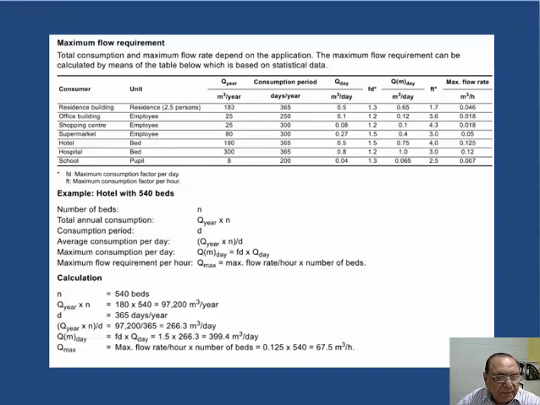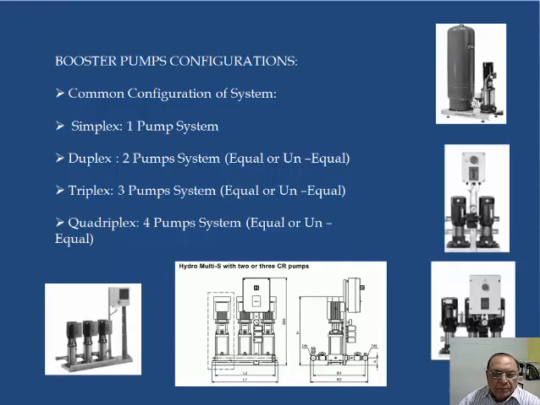Now we come to the configuration of the pumps. Pump configuration can be a one pipe system, which we see in the picture over here, or a two pipe system, equal or unequal. See what happens, certain designers work on the basis of a maximum demand and a minimum demand.